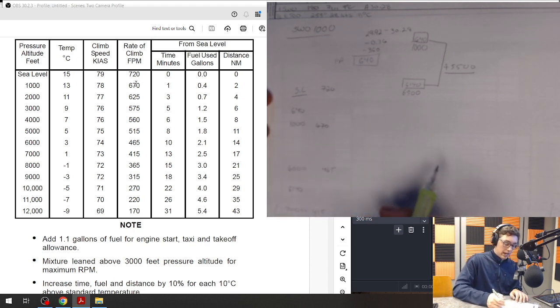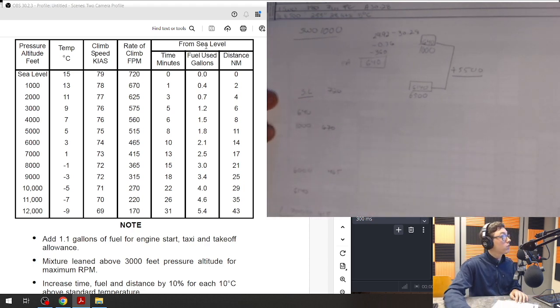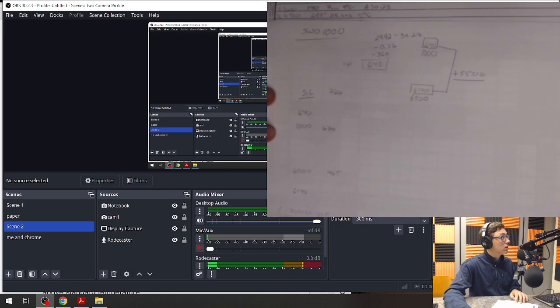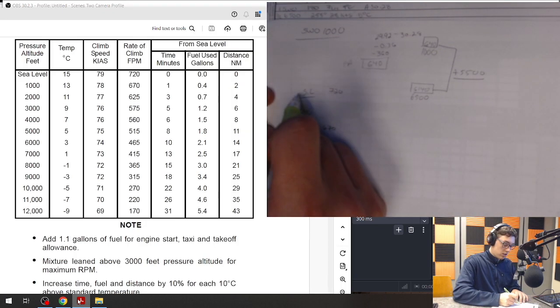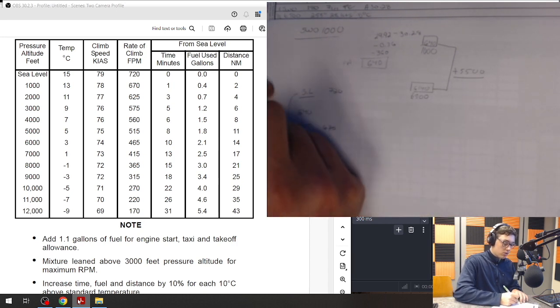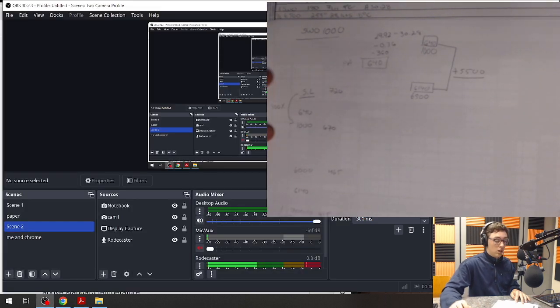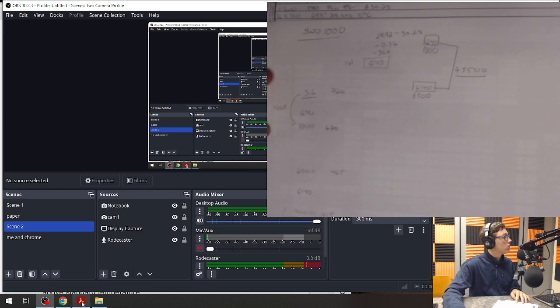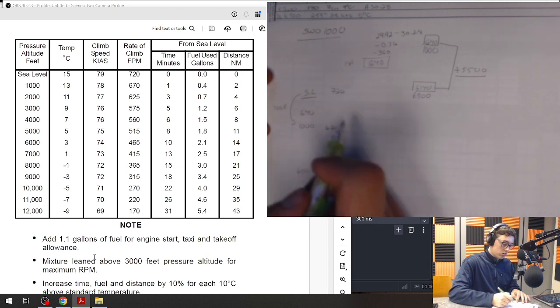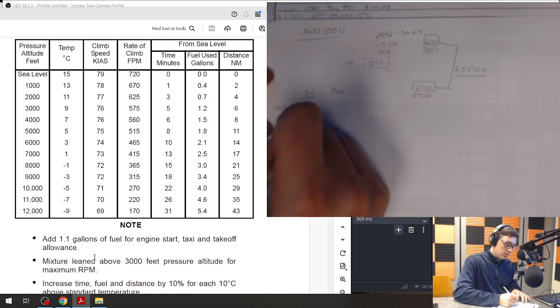A little trick that I like to use is as I go from sea level to 1,000, we're going to imagine that as 100%. However, from sea level to 640, that represents 64%.